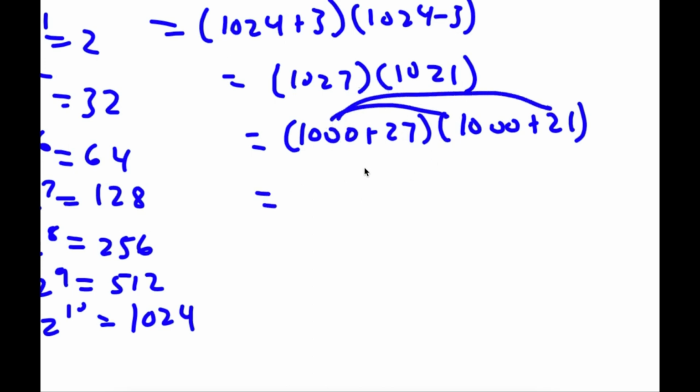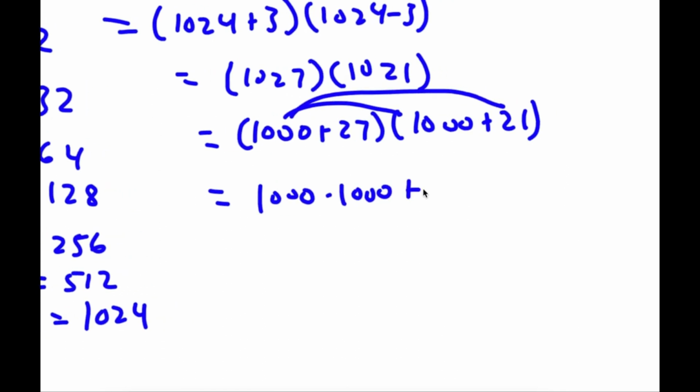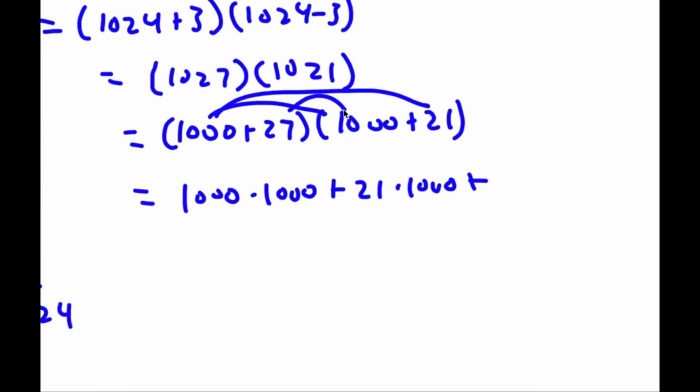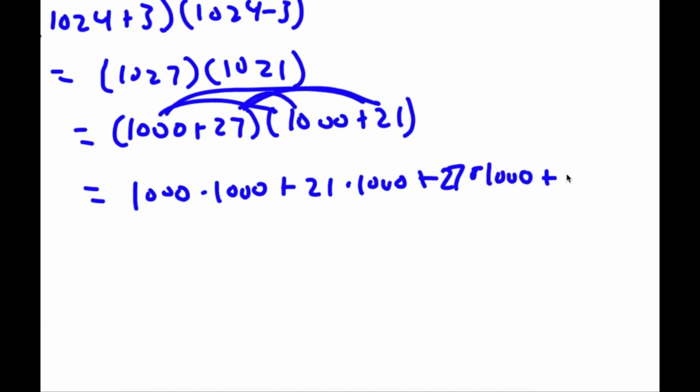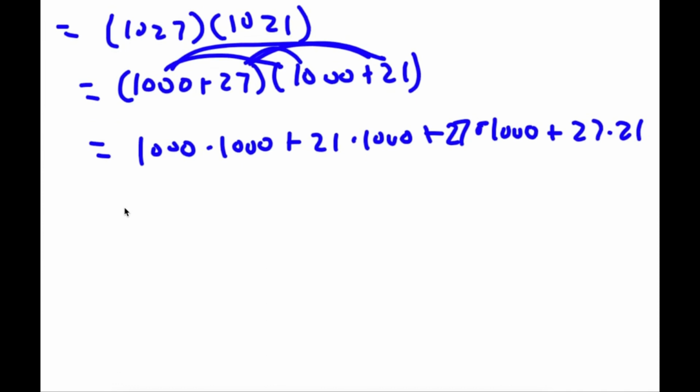I'll first distribute the 1000, so I have 1000 times 1000 plus 21 times 1000 plus, now if I distribute the 27 times 1000 plus 27 times 21.